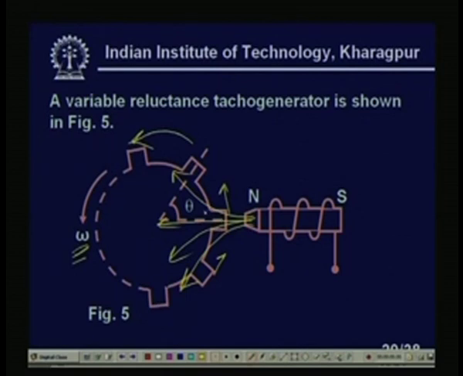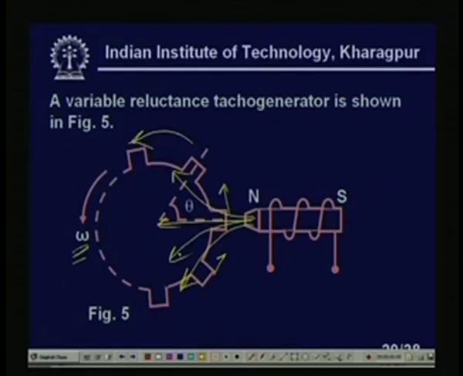Then reluctance will increase. So, there is a change of magnetic flux, right. So, there will be a time varying output voltage if it rotates with the speed of omega. Using this principle, we have made a turbine flow meter.